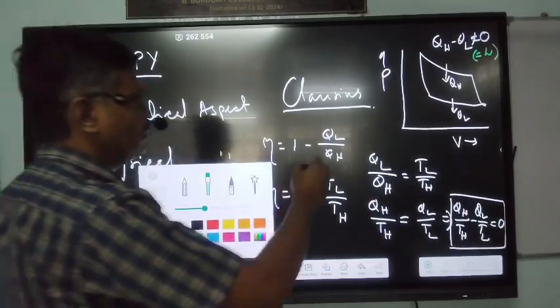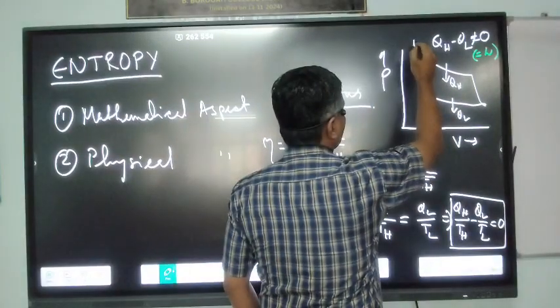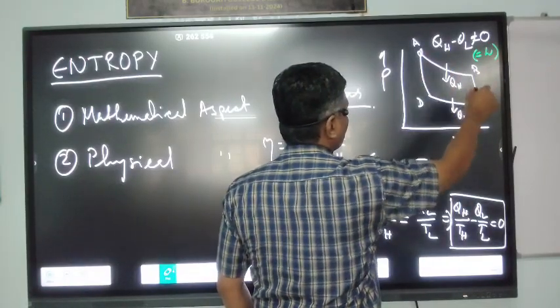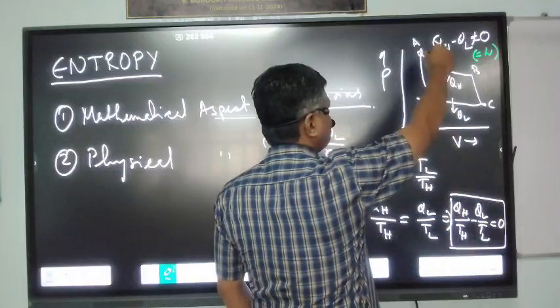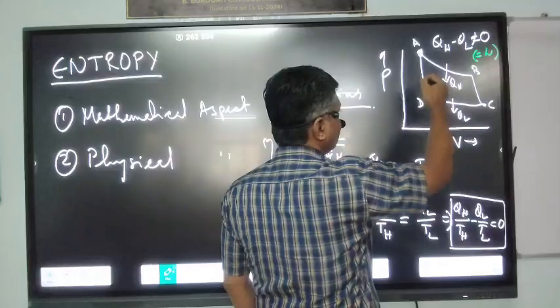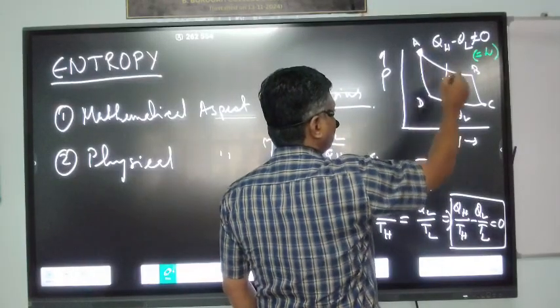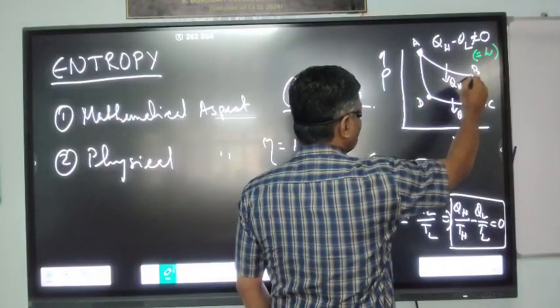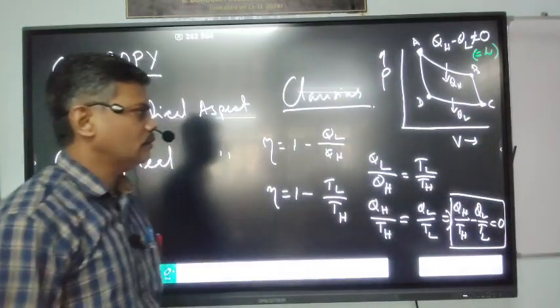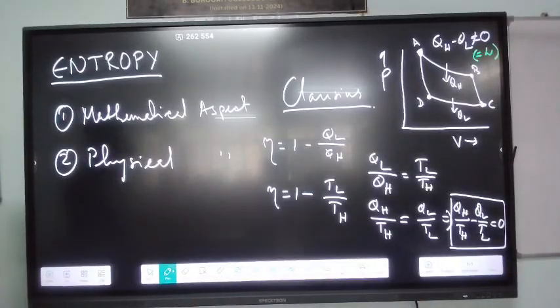While you start from point A and come back to point A, during this whole process, the difference of the heat taken from the source and the heat given to the sink is equal to W. That means that heat depends on the path you are taking.